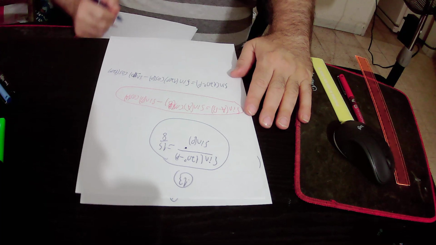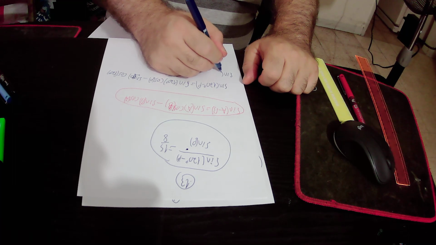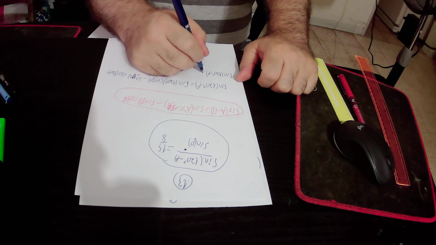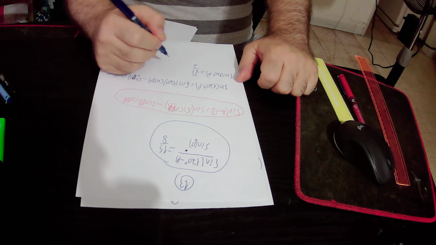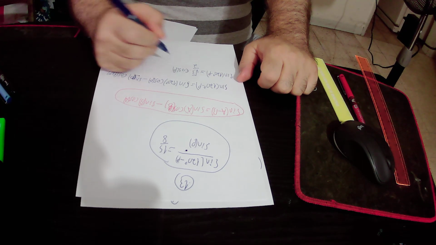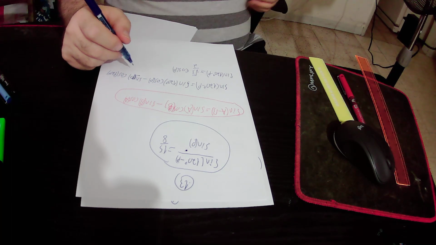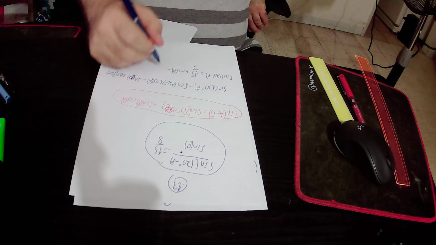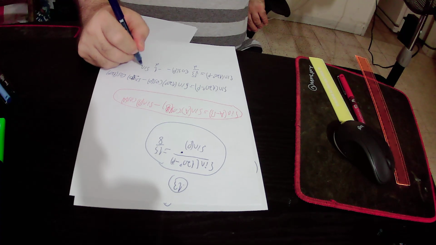Okay, so sine 120 degrees minus P will be equal to sine 120 degrees is root 3 over 2 times cosine P, and cosine 120 degrees is minus 1 over 2 times sine P.